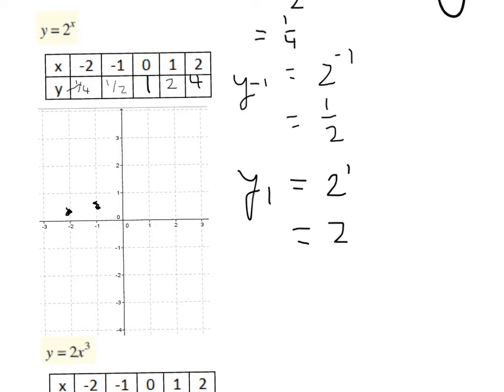The next point, on the origin, up 1. The next point, from the origin, 1, up 2. The next point, value of 2. That's almost off the graph. It's 4.